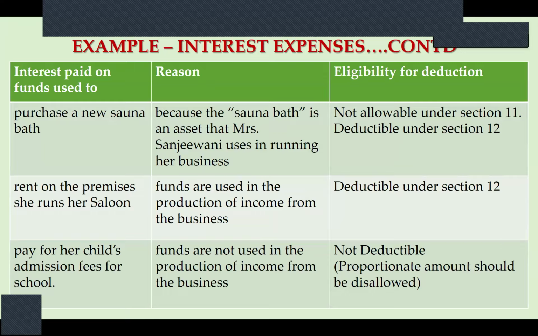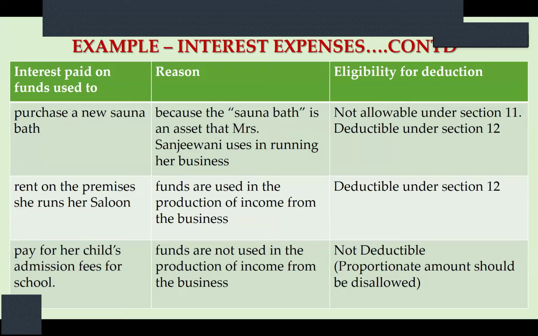One is she can borrow money and that borrowed money can be used in the production of income, or she can purchase an asset and that asset should be used in the production of income. If she sold that asset during the period and the consideration she received after selling it was used for the business purpose, then the second condition was already fulfilled. Therefore, no issue. She can still deduct this interest.